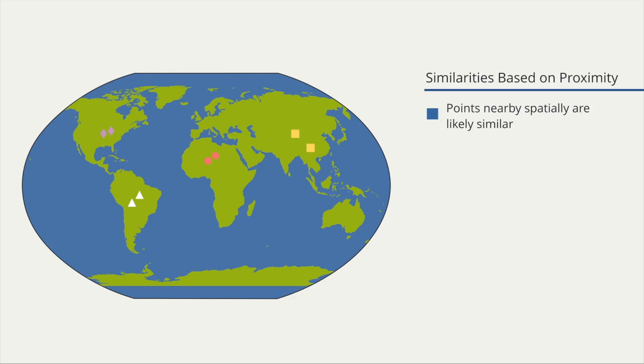The idea is that the regions characterized by the 2 triangles, since they are physically near each other, we would expect that the characteristics of perhaps the people, the geography, the history, etc., of the 2 triangles would be similar to each other, and the squares, since they are physically proximate, would be similar to each other, but very different from the regions characterized by the triangles.